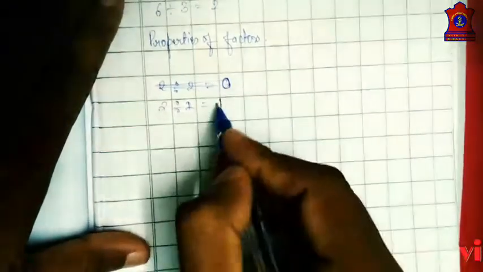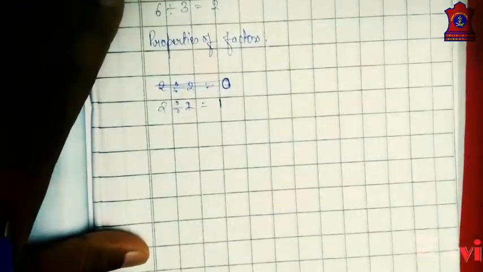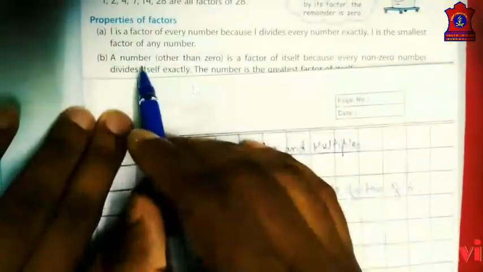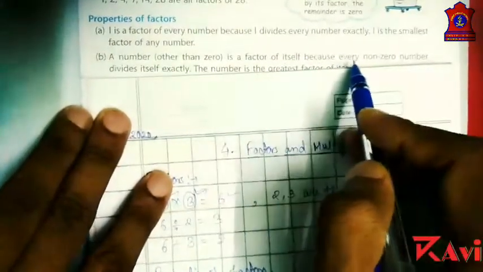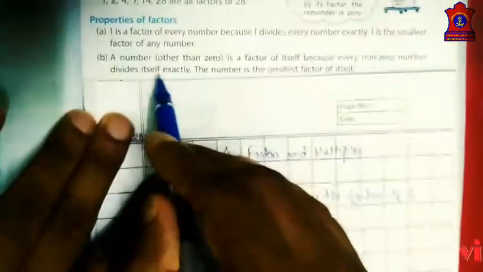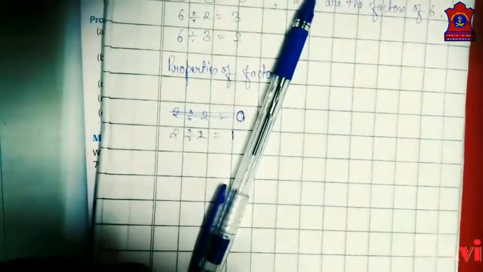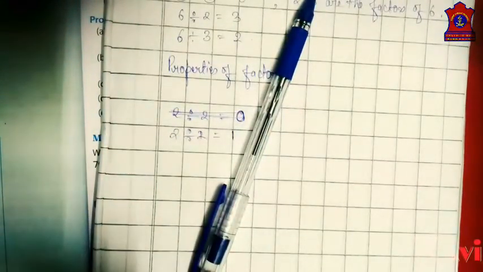Isn't 2 divided by 2 equals 1? So a number is a factor of itself because every non-zero number divides itself exactly. The number is the greatest factor of itself. When you divide a number by itself, it means the number itself is a factor of its own.